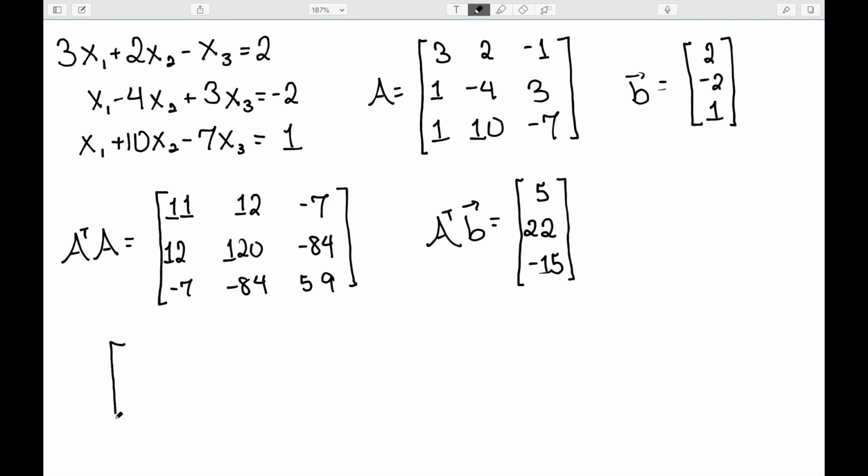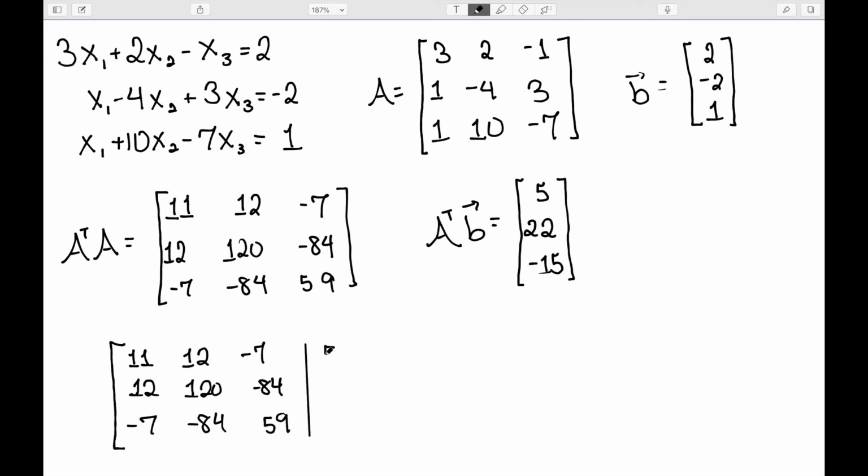So the system I need to solve has A transpose A on the left, and A transpose b on the right. And then we can use technology or reduce this by hand.